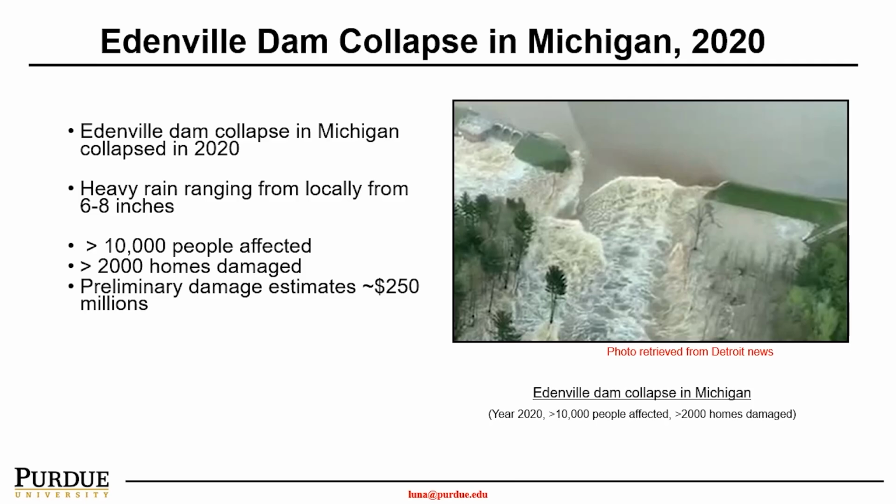Over 10,000 people were affected and 2,000 homes damaged. Luckily, nobody was severely injured or killed in this accident. However, the damage cost over $250 million in property damage.